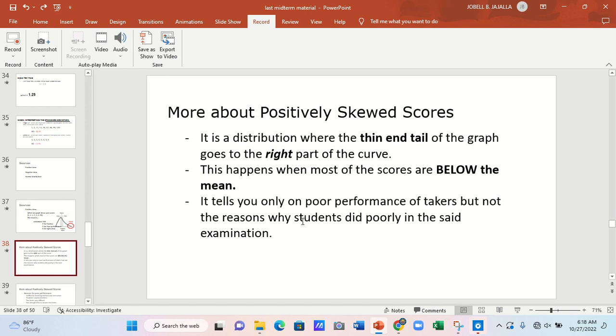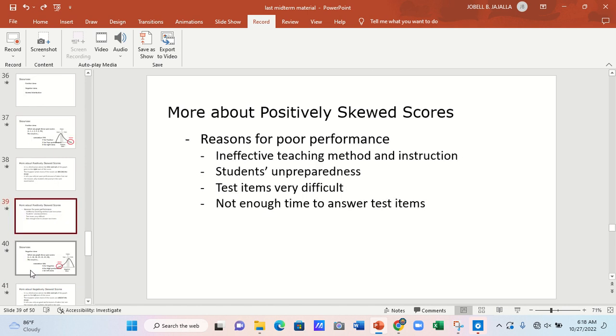So it only reveals to us that test takers had poor performance during the test, but there is no concrete explanation on what are the reasons behind it. But this does not limit us to infer what is the implication of the poor performance of the students.